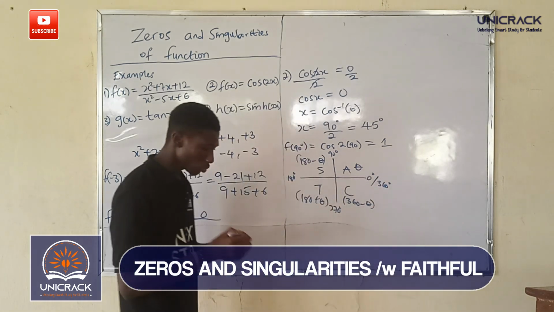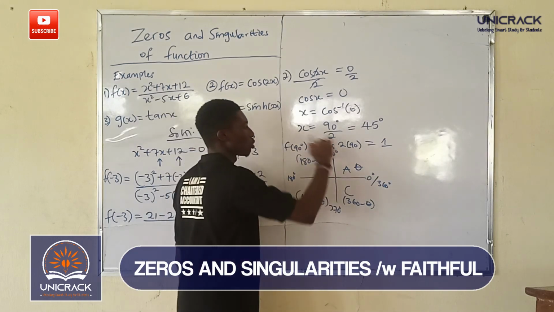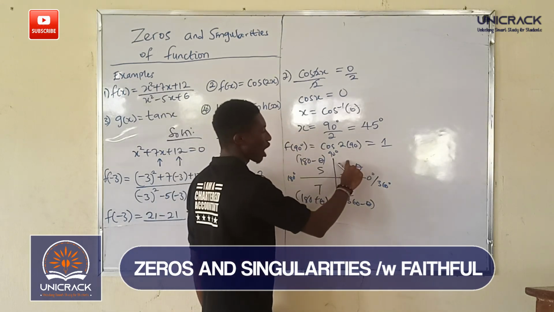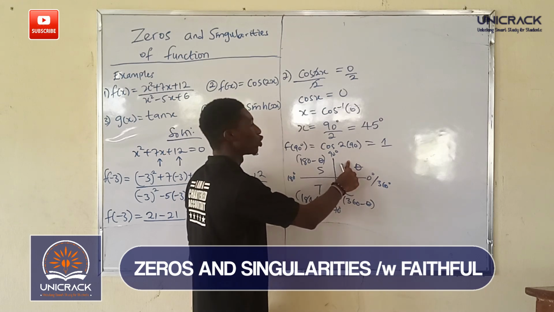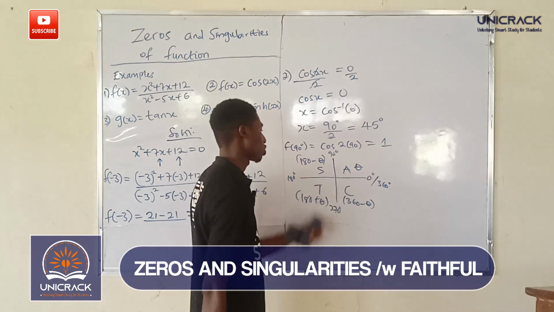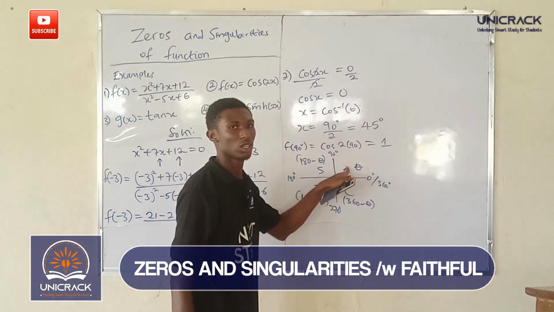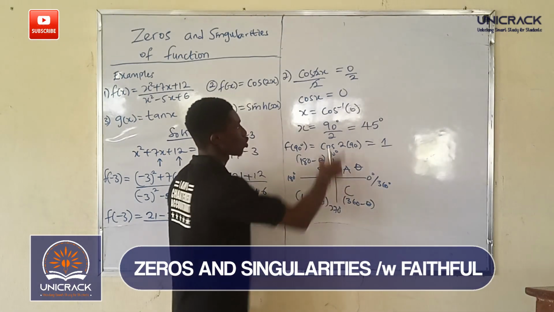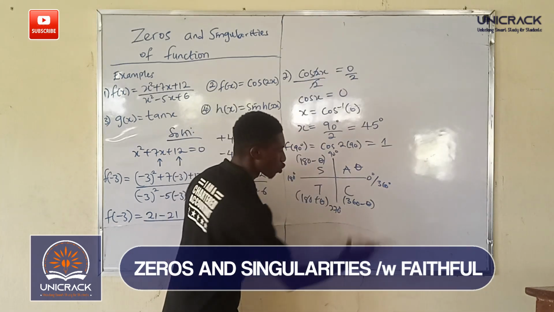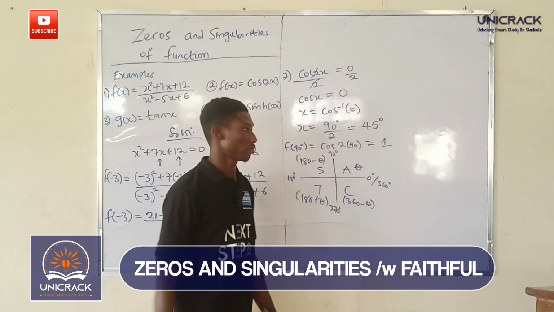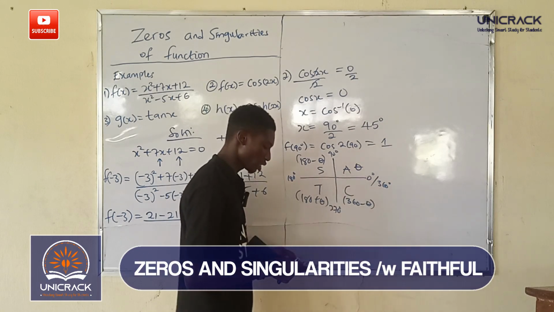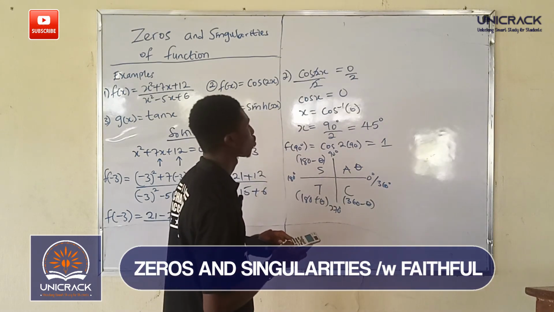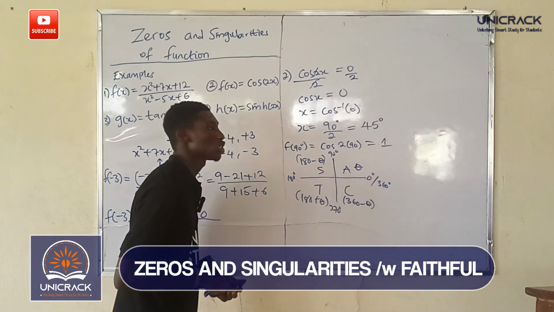Now, our theta is what? We solved our theta to be 90. Now, all trigonometric functions are positive here. That means cos, tan, and sine are positive here. So since we are looking for cos, we'll go to the quadrant where cos is positive. Now, what will we solve for? We solve for 360 minus 90, which is 270.